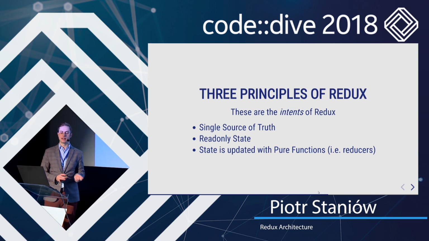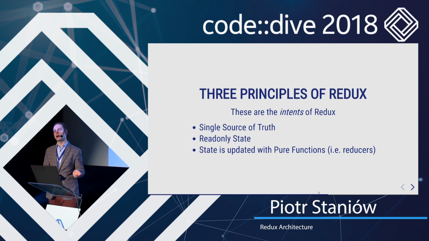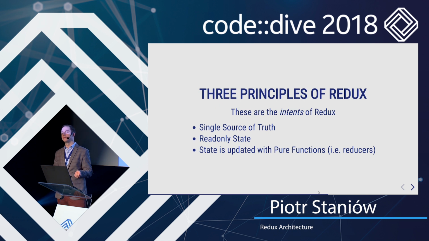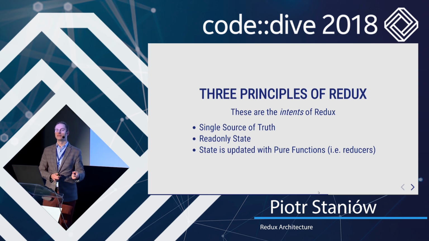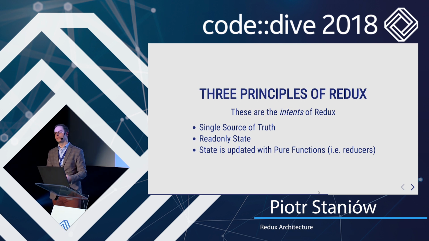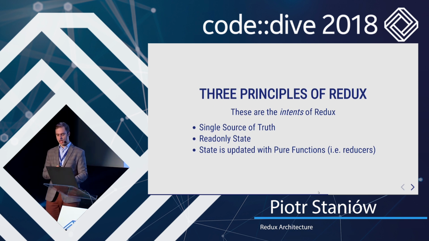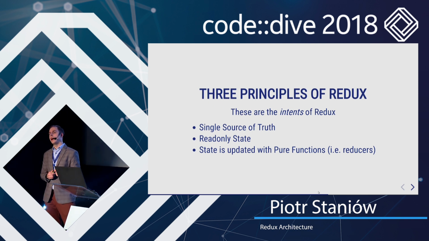This simplifies reasoning about what happens in your app, because you'll always be able to track what was the input to the reducer and what was its output. You'll always know how you got to a given state.